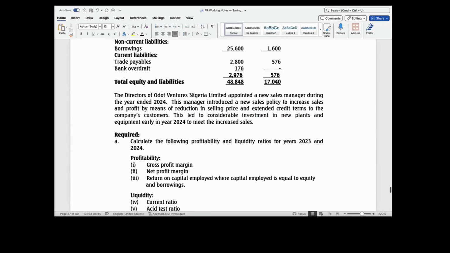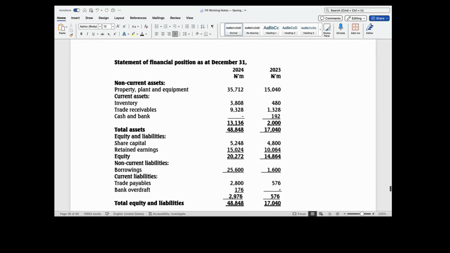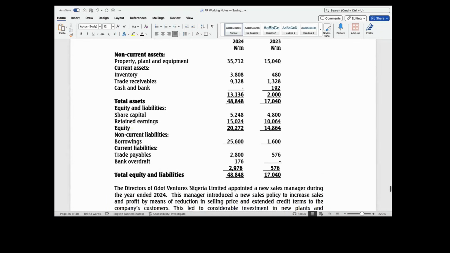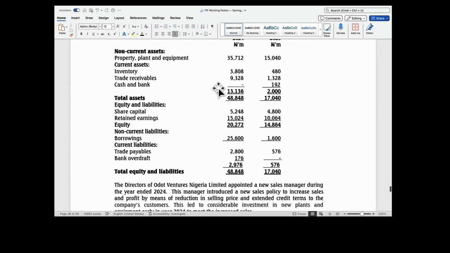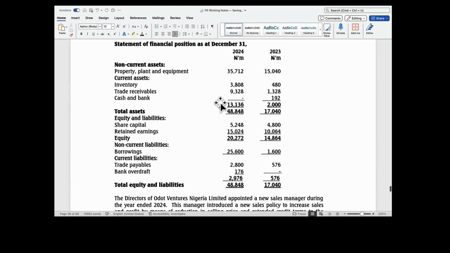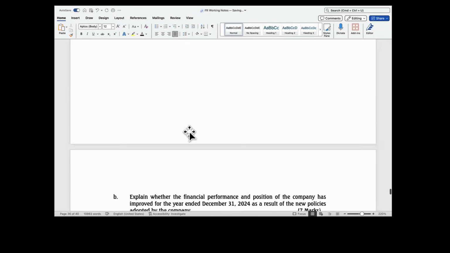What's my current asset in 2024? Okay, I've seen it up here. 13,136, and 2023 is 2,000.